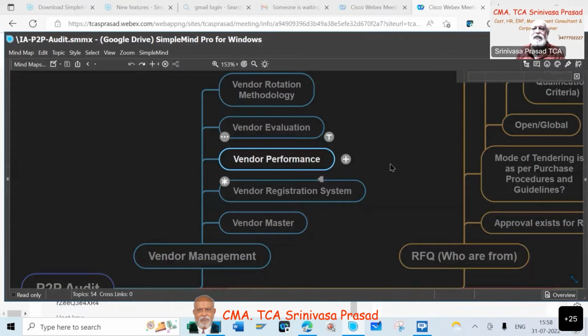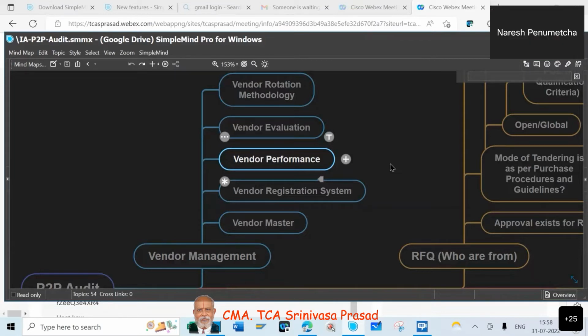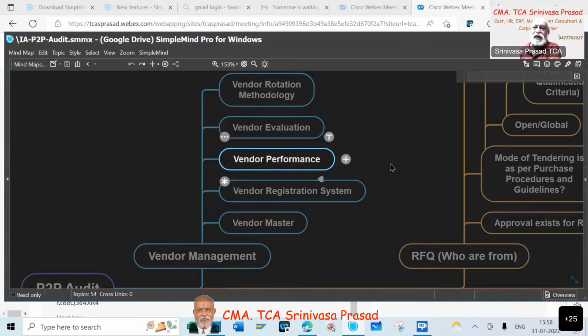Then quality, timeliness. The quality is not only the material quality; I think it includes the way in which it has been packed, transported, shipped, and delivered at your place, isn't it?